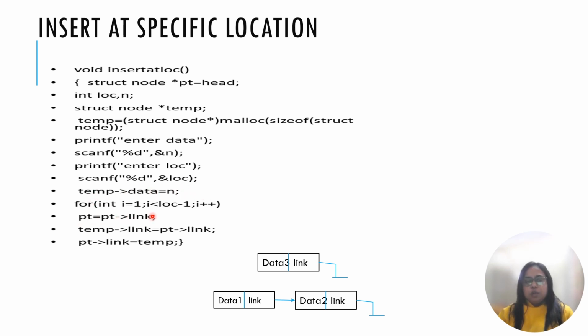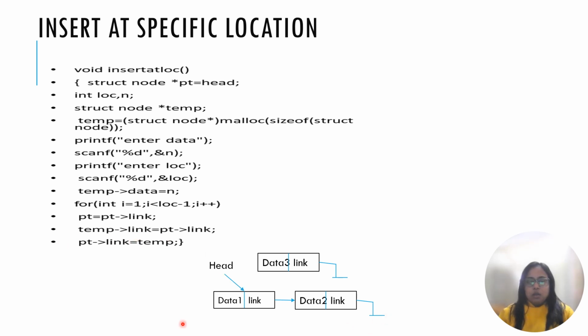Now we have to traverse the list up to that location minus 1. Because we have already taken pt pointing to head, we traverse from the beginning, so up to location minus 1 pt will be traversed, pt equals pt link.